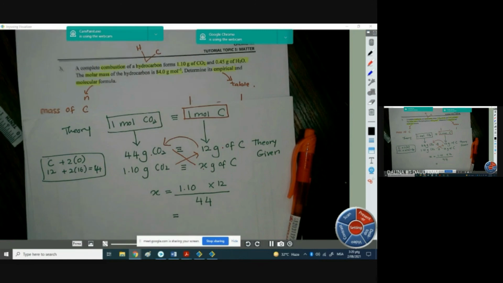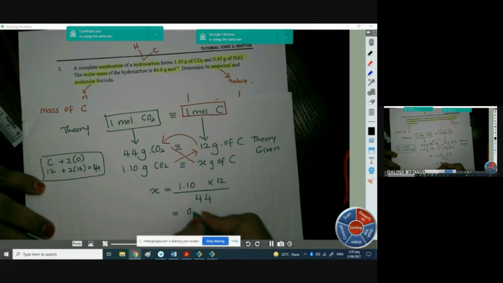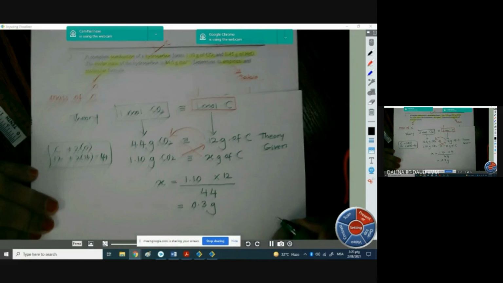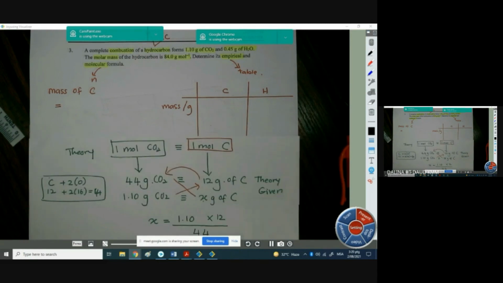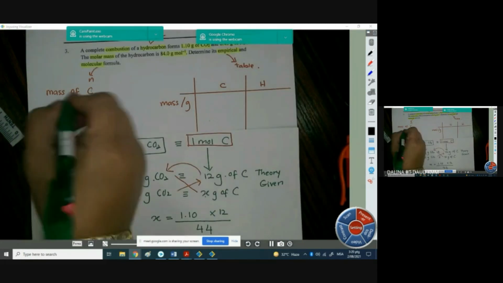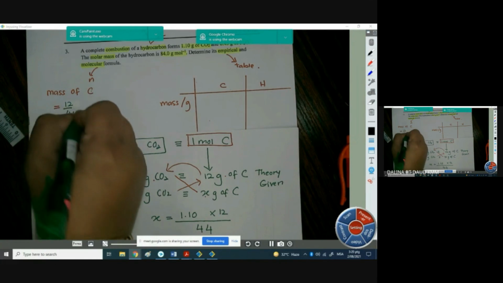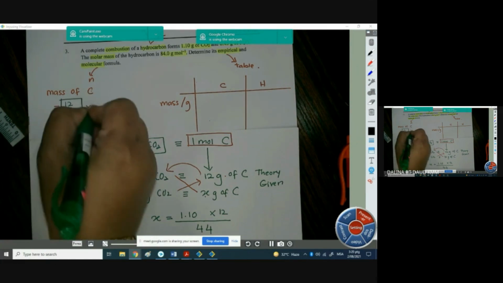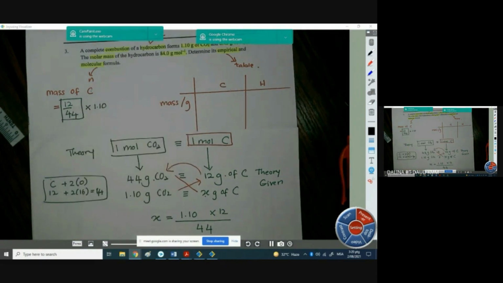Boleh tak kawan-kawan kira? 0.3 gram. Yeay. Okay, so ada certain buku dia terus buat je 12 bahagi 44. Ini secara teori. Darabkan yang dia bagi 1.10. Boleh juga. So yang mana yang mudah lah.